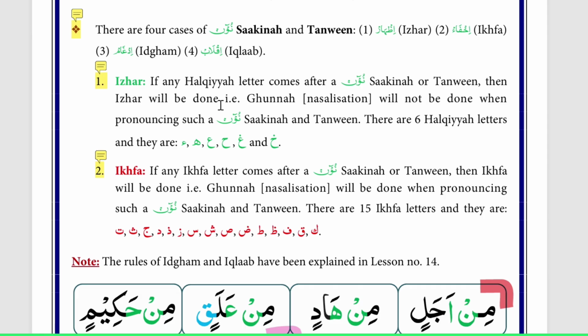So what do you mean by izhar? Izhar is not taking sound into the nose while pronouncing noon sakin or tanween. For gunna, nasalization will not be done when pronouncing such a noon sakina and tanween. Now the question is, what is meant by gunna?